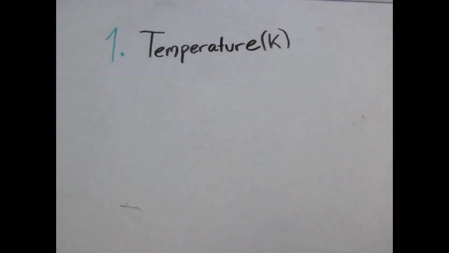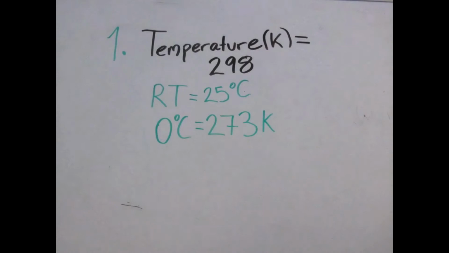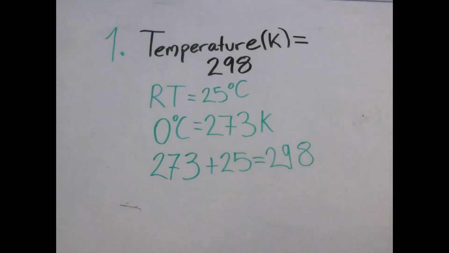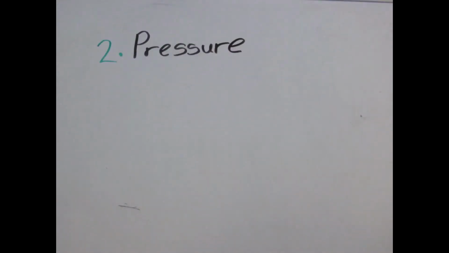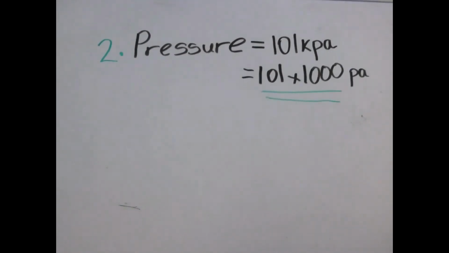First assumption, temperature measured in Kelvin is 298. Standard room temperature is 25 degrees Celsius, and 0 degrees Celsius is equal to 273 Kelvin. 273 add 25 equals 298. Second assumption, pressure is 101 kilopascals, which is 101 times 1000 pascals. Always remember to convert.